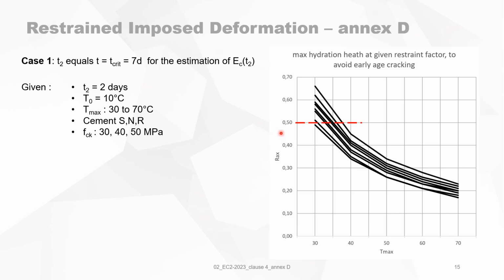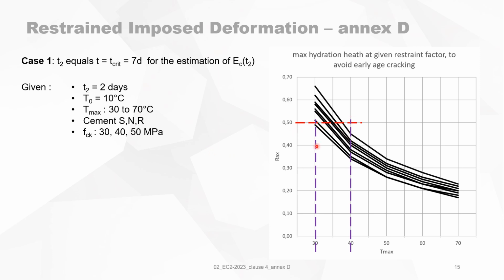We can see that as a cracking risk, we investigate the range between 0.25 and 0.5. At a restraining factor of 0.5, when you use all those different data inputs and you have the different curves, you will see an interval.